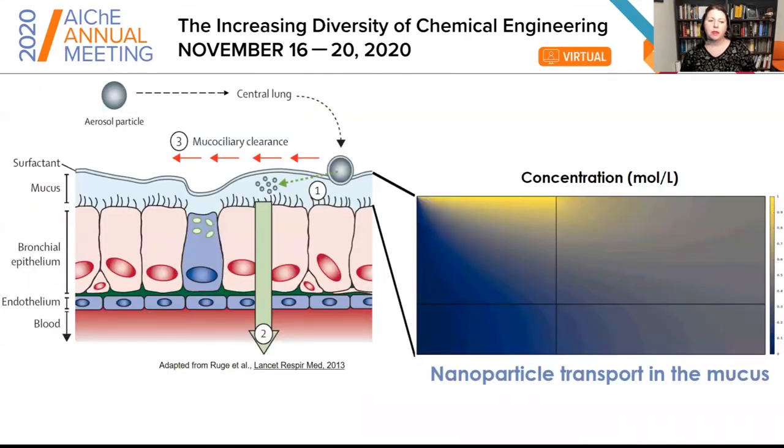Briefly, I'll just mention that Blake's work has focused in the last 2 years on modeling the transport properties and processes through the lung mucosa involving diffusion, mucosal clearance, which is a velocity term, and penetration of the tissue. And so we can apply concentrations at some interface and see the combination of transport effects through nanoparticles and the mucus. And so this simulation zone is representing different layers of the mucus.